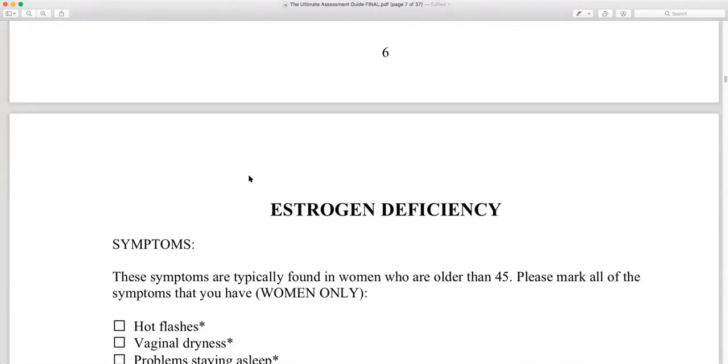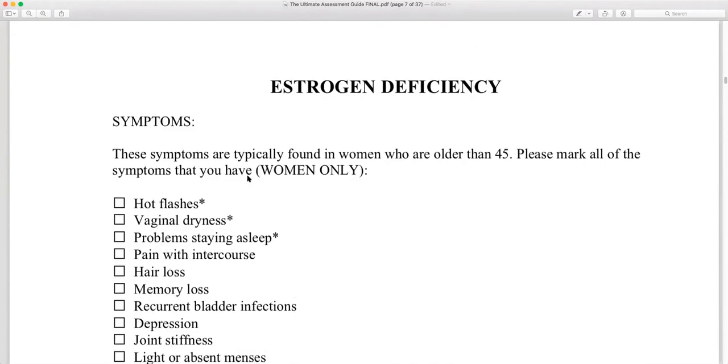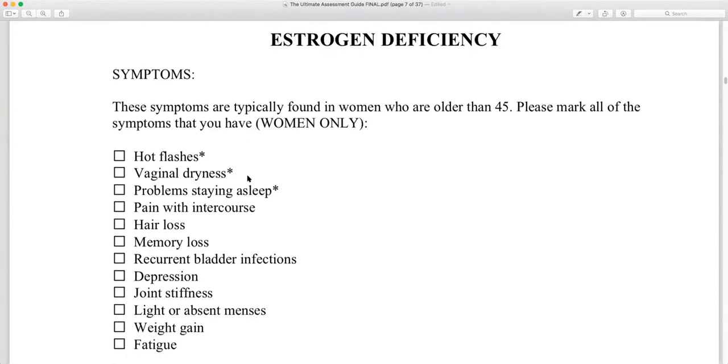Okay, great. So let's move on to estrogen. Estrogen deficiency symptoms are typically found in women who are older than 45. They can be found in women who are younger if their adrenals and their thyroid are not picking up the slack. A lot of people don't realize that one of the functions of the adrenal gland is to produce sex hormones.